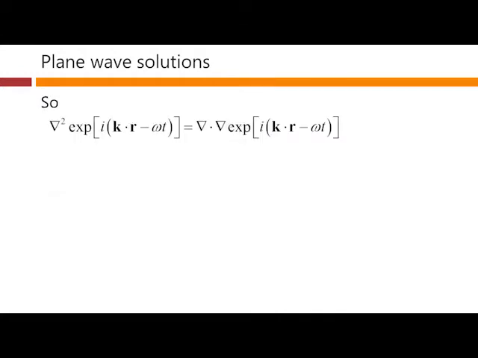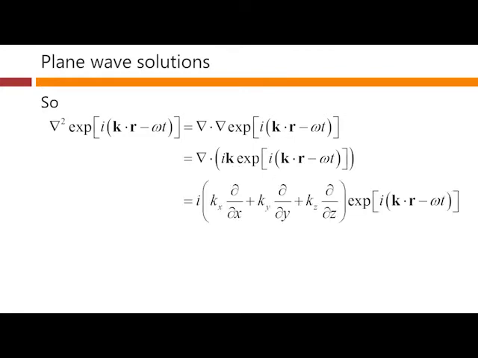So we can go on to figure out the second derivative here, del squared, of e to the i (k dot r minus omega t). And again, remember we can write that as the gradient operator vector dot producted into the gradient operator. So we know the answer to this one. That was just i k e to the i (k dot r minus omega t). And so we can write out this whole vector product here, dot product.